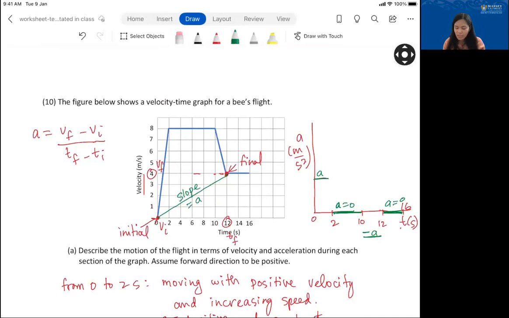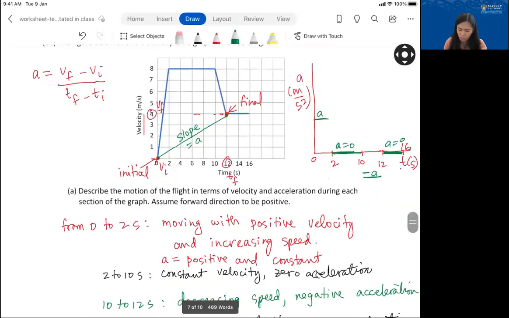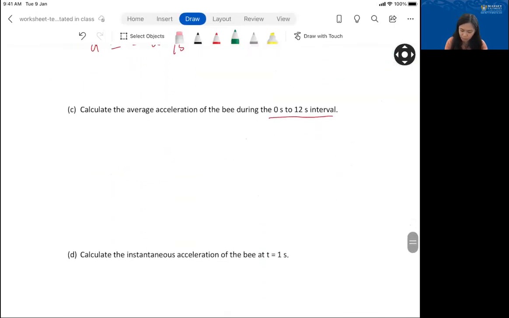Right. So let's find the acceleration from 0 to 12 seconds. So VF is 4, VI is 0 meters per second. Right.